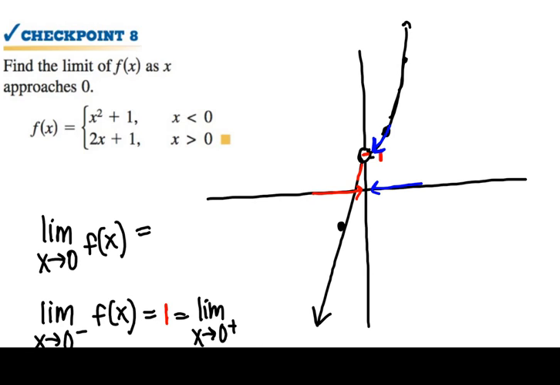So as x approaches 0 from the left of f of x equals 1, the limit as x approaches 0 from the right is also equal to 1. Therefore, the limit as x approaches 0 exists for f of x, and it is also equal to 1.